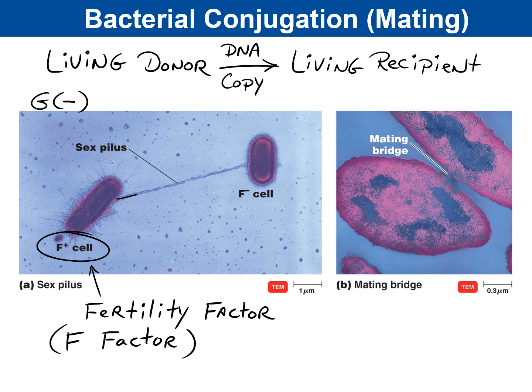extend this sex pilus out into its external environment, and a so-called F minus cell will act as a recipient. And this is a one-way street.